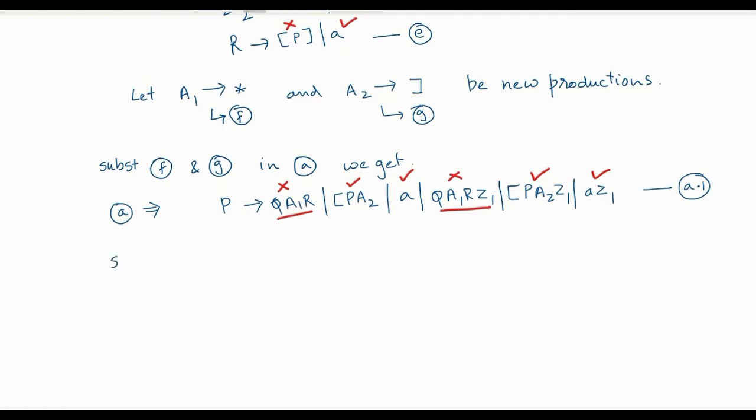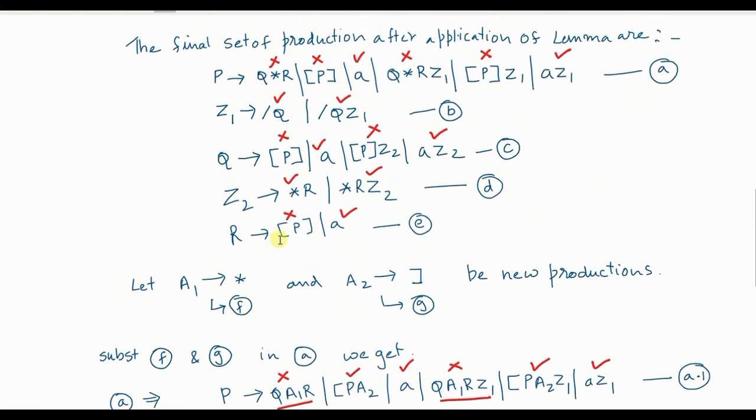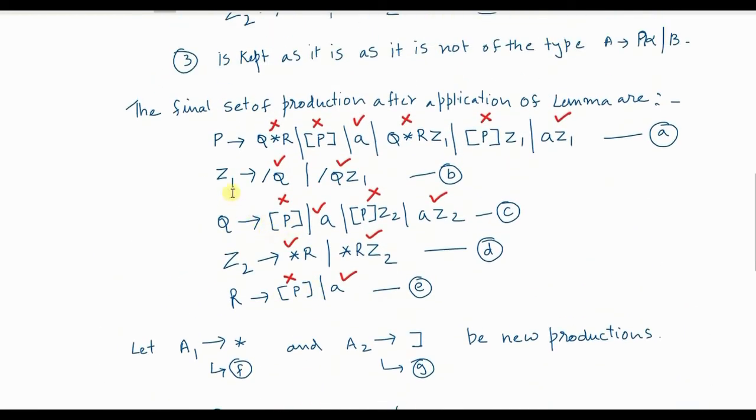I will repeat the same procedure for the others. So I say substitute F and G in B. What do we get? Let's check. First of all, this replacement should be done only in those terms where the terms are not in GNF.